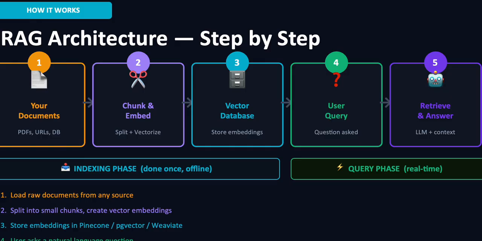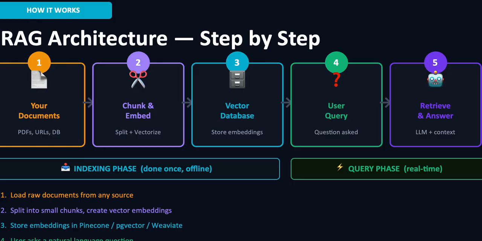Okay. Now the second step is chunk and embed. The system splits these documents into smaller pieces, maybe 500 words each. Then it converts each piece into a special mathematical representation called an embedding. Think of it as giving each chunk a unique GPS coordinate in a meaning space.